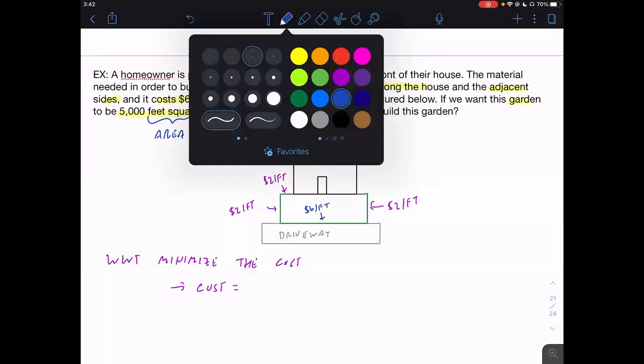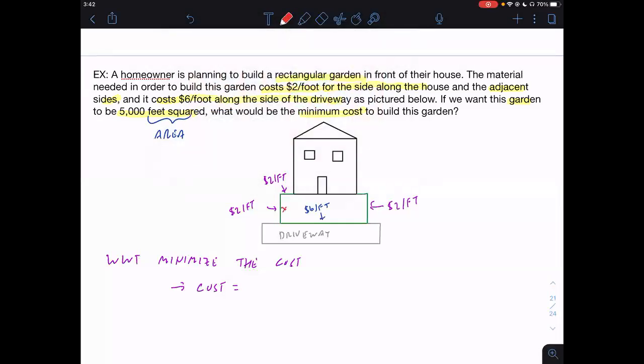Let's call that X, the length of this left side and the length of the right side. But we also have to figure out how long this top side is going to be. For the top side, it's going to cost us $2 per foot. So for the top side, let's call that Y.